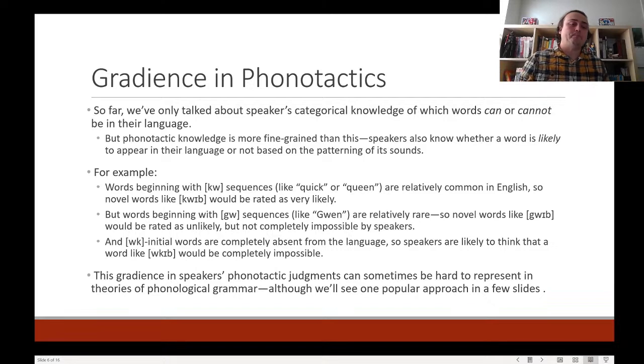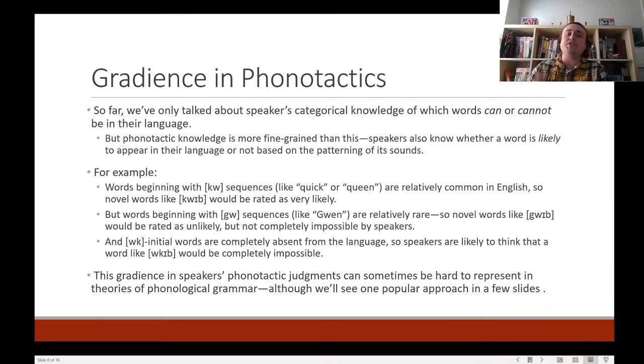So, for example, words beginning with KW sequences like quick or queen are relatively common in English. We've got tons of words that start with qua. So a novel word like quib would be rated as very likely, right? People would probably be perfectly happy to borrow the word quib into English.